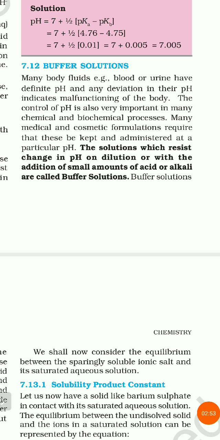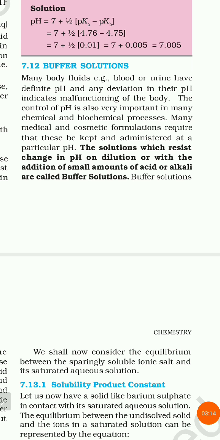It is not possible to live, right? So a sufficient quantity of water will be present in our blood, and only then can humans live.